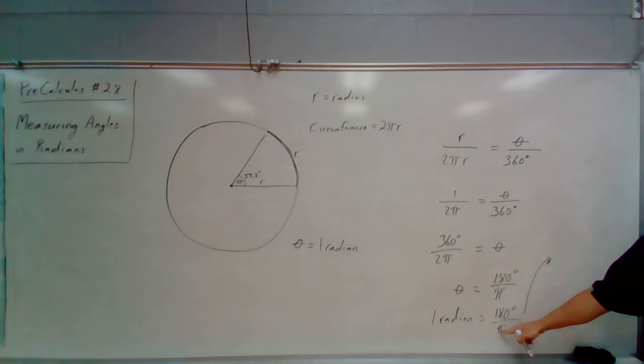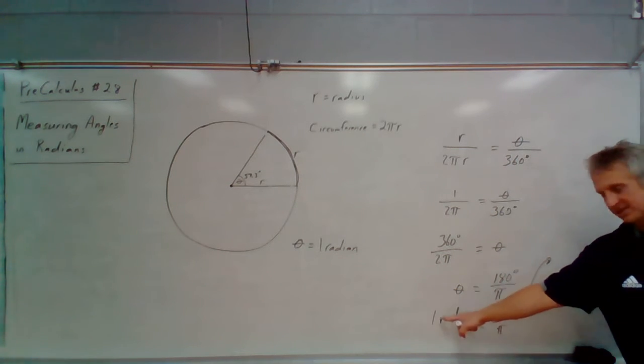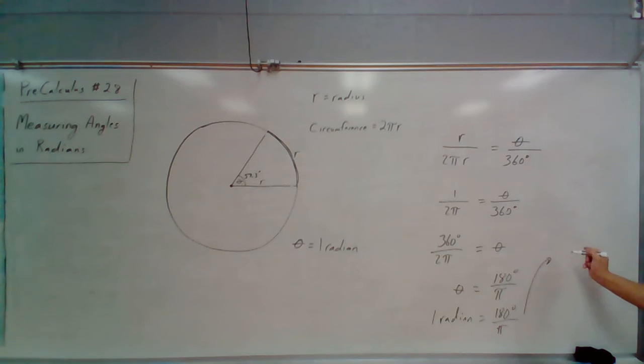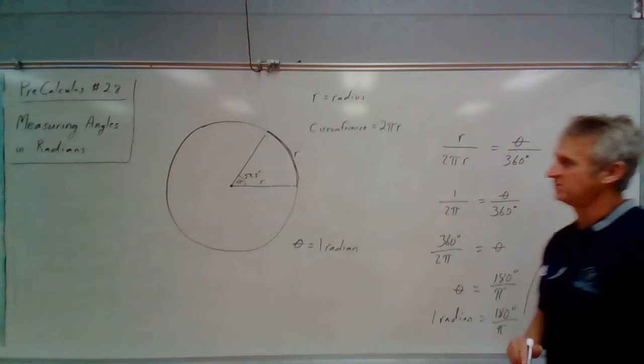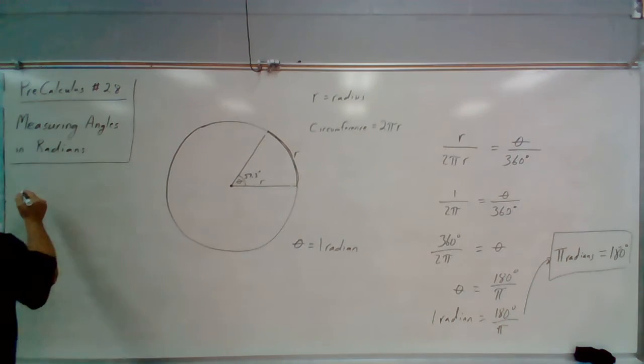Okay, so if I multiply both sides by pi, pi times 1 radian will be pi radians equals 180 degrees. All right, so this is a very important conversion factor. This tells us the relationship between radians and degrees. So that is extremely important.